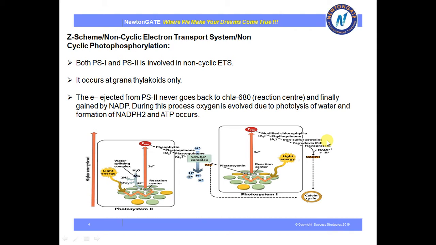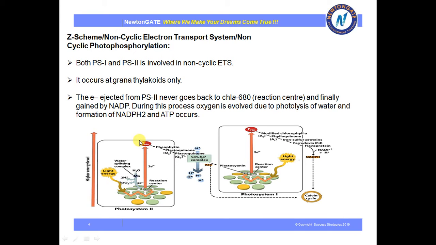When the molecules in photosystem 2 are excited, here also when light energy falls on this reaction center, electrons get excited. The electrons are transferred to photosystem 1. When electrons move from photosystem 1, PS1 gets reduced.